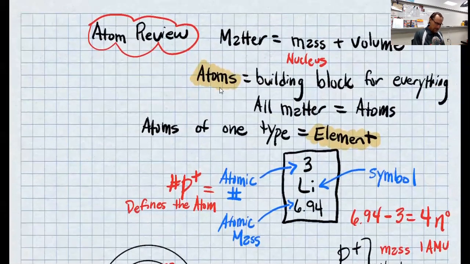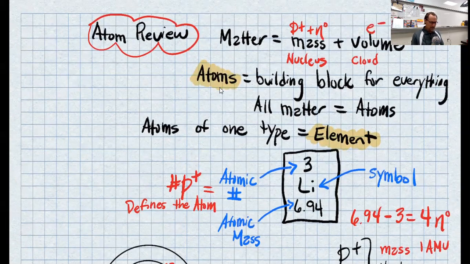So the nucleus is the mass, and the volume is the electron cloud. So when I look at this, my mass is really my protons and my neutrons, and the volume is basically all the electrons outside of that.